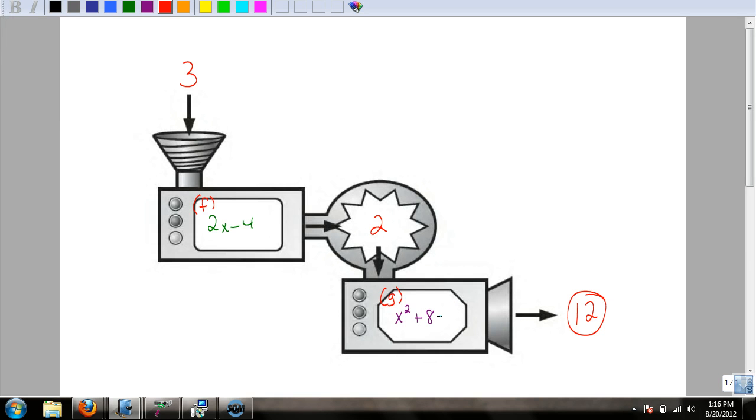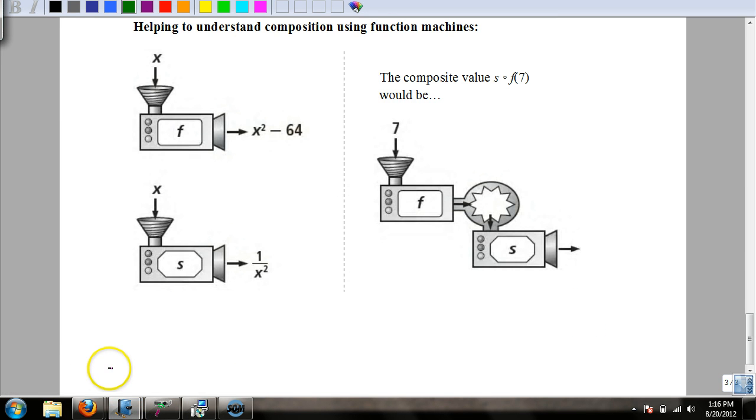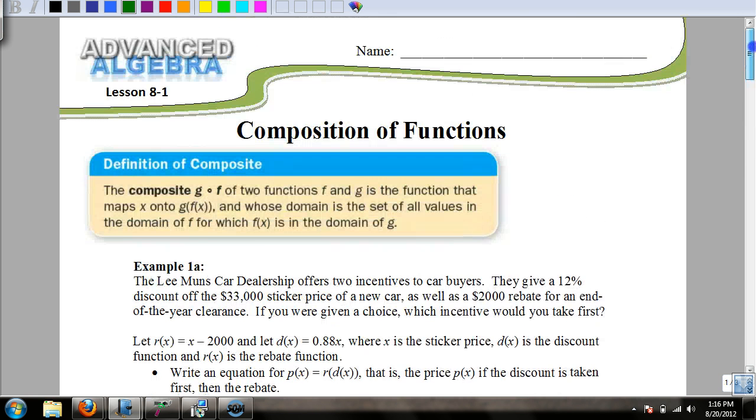Let's look at our notes for a second, and let's look at what is called the composition of functions. They say the composite g, and then they use this symbol, f of two functions f and g, is a function that maps x onto g of f of x, and whose domain is the set of all values in the domain of f for which f of x is in the domain of g.